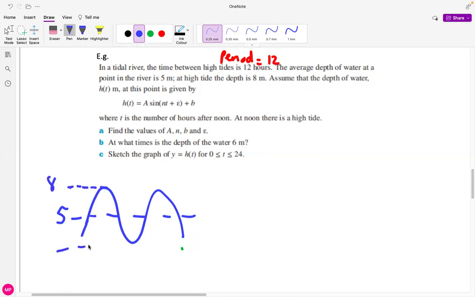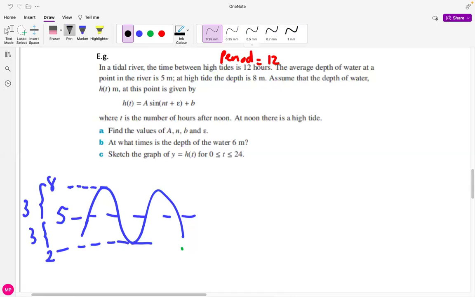So obviously the minimum will be 3 because A minus 5 is 3. A minus 5 is 3. So if you do 5 minus 3, you get 2. So the minimum will be 2 to 5A, and this 3 is the gap between them.